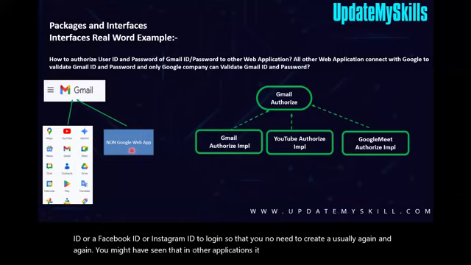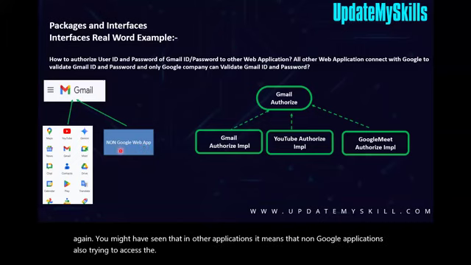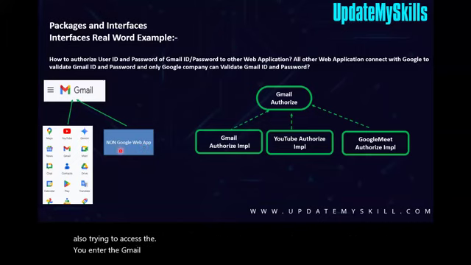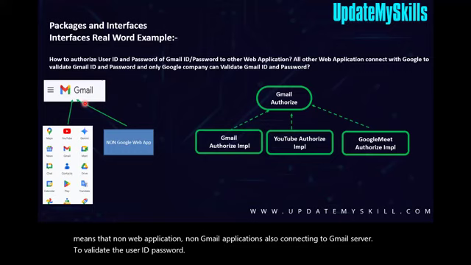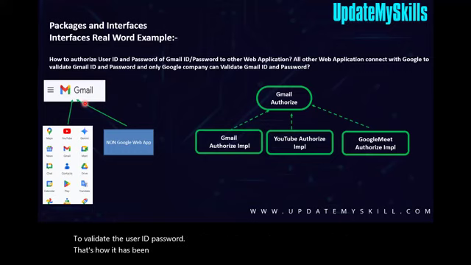It means that non-Google applications let you access their web application with the help of Gmail. So non-Gmail applications are also connecting to the Gmail server to validate the user ID and password. That's how it is working currently.